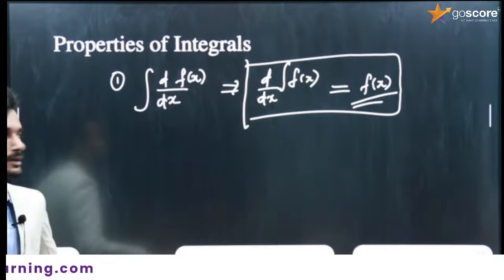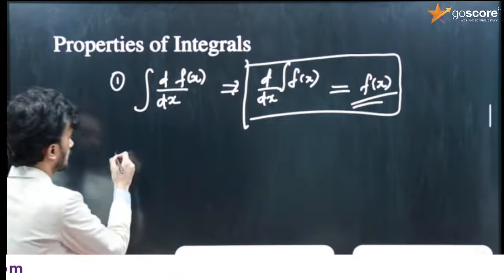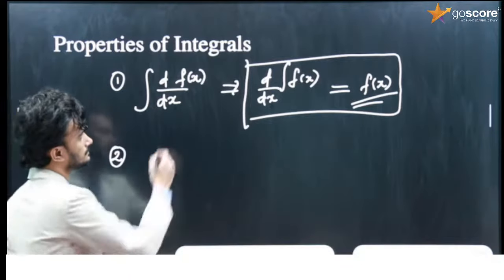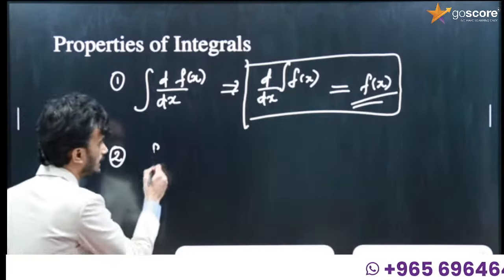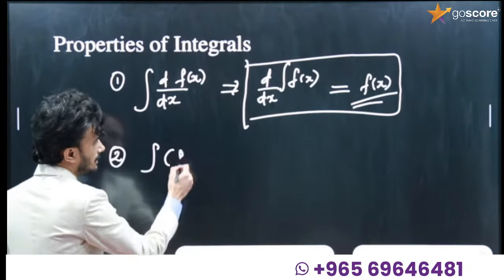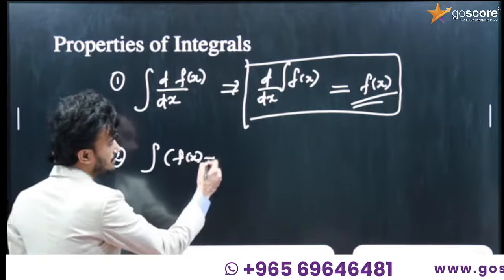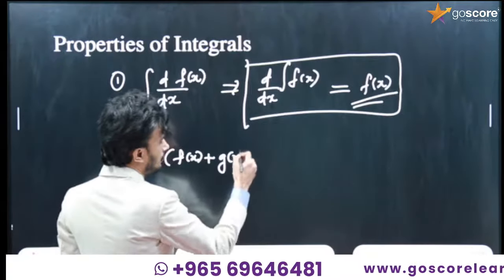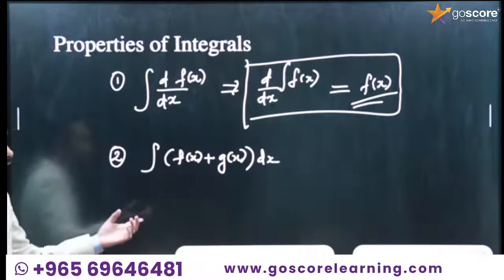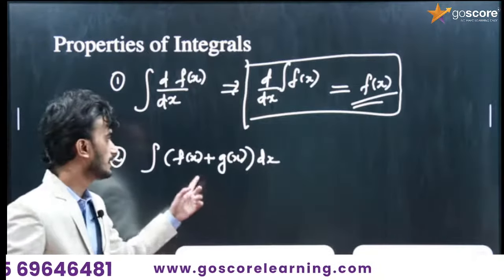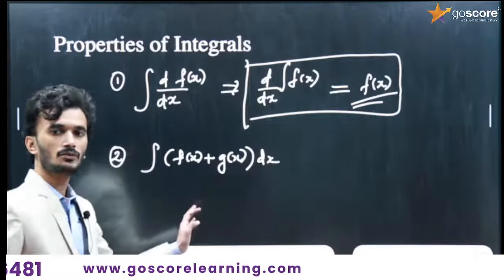Then the second property. If we are taking two functions, f of x as the first function and g of x as the second function, then for the integral of the two functions we take the individual integration of each function.